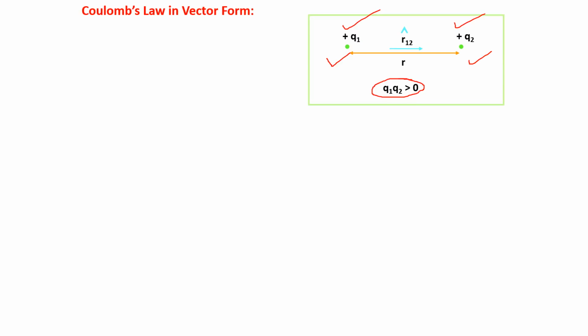Now both are like charges, so q1 will repel q2 along this direction. F21 is the force on q2 due to q1, and its direction is along this direction. Similarly, F12 is the force experienced by q1 due to q2, because q2 will also repel q1.